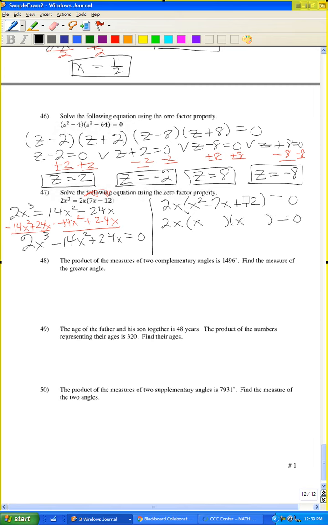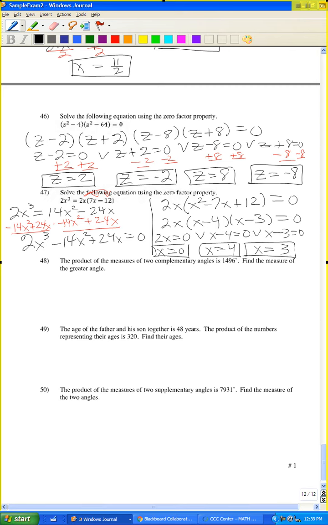Drop down the minus, minus times minus is plus. I want two whole numbers whose product is 12 and whose sum is 7: 4 and 3. Set each factor to 0. Solve for x. Divide by 2, so x is 0. Add 4 to both sides of the equation, so x equals 4. Add 3 to both sides of the equation, so x is equal to 3.